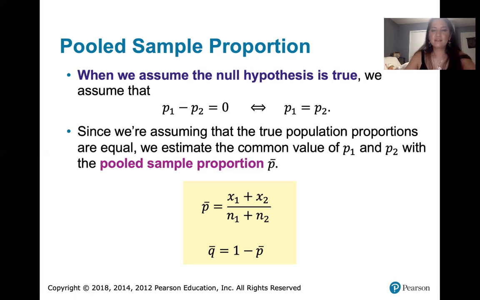So we're thinking of this as a larger sample of size N1 plus N2 with X1 plus X2 successes. I hope that makes sense. We're going to use this pooled sample proportion in our formula for our test statistic Z in order to go from the sampling distribution of the difference between the sample proportions to the corresponding standard normal distribution.